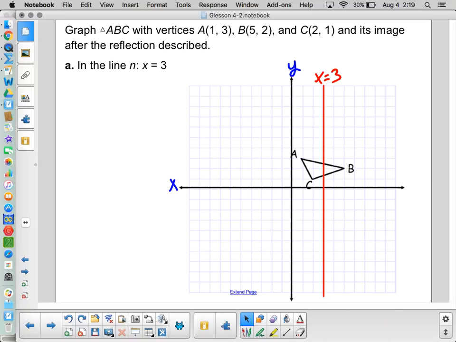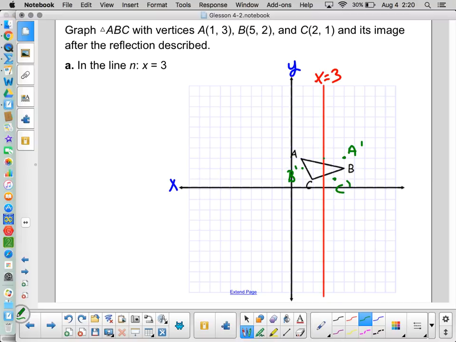Now that I know that's my mirror, reflecting the points is actually pretty simple because the vertical line perpendicular is horizontal. So point A here is 2 units left of my mirror, x equals 3. So I'm going to go 2 units right to get A primed. Point B is 2 units right of my mirror, so I'm going to go over here for B primed on the left. C is 1 unit left, so I'm going to go 1 unit right.